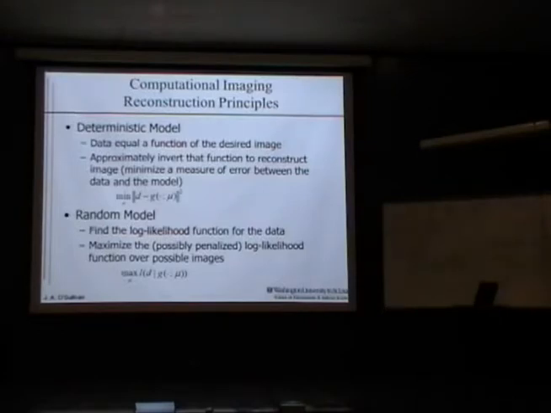Even though I can assume that there's noise corrupting that convolution, it's still deterministic, and I can solve this problem by minimizing the mean squared error between the data and the model. But in the case of the random model, we take into account more parameters, and we set it up as a likelihood function, and I'll talk more about that. And the constraints that I mentioned earlier are introduced in the likelihood setup in terms of penalties. So those are the words or the terminology in the statistical imaging field.